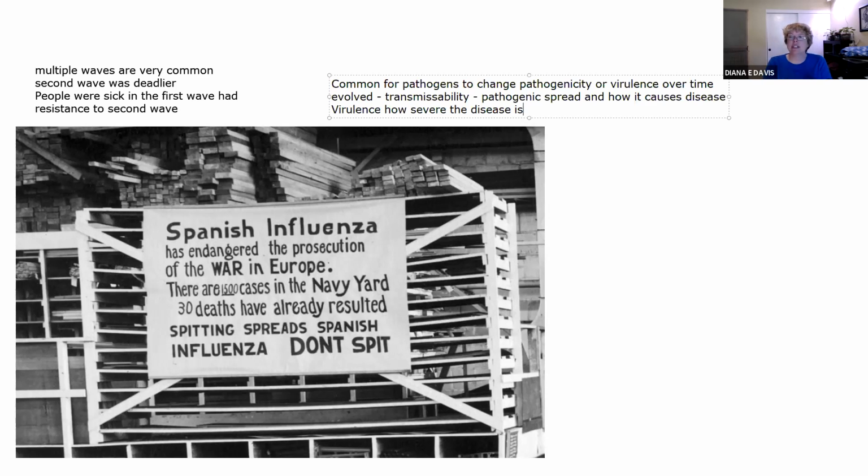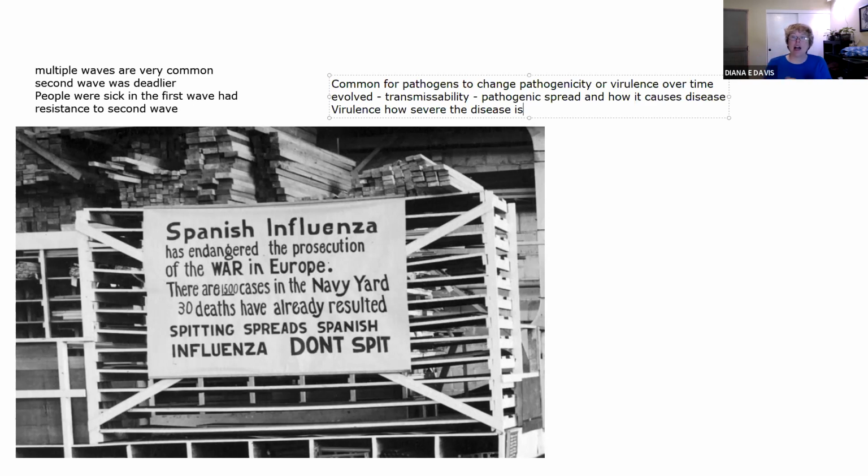This can increase or decrease. We've seen this. The Delta wave of COVID was deadlier. It was more virulent. The Omicron wave was less virulent, but much more pathogenic. It spread much wider and more easily.